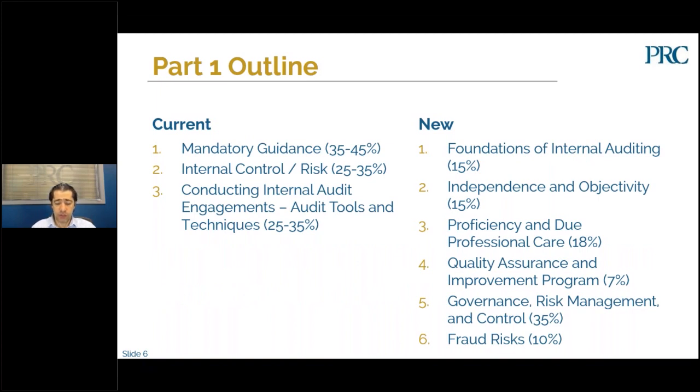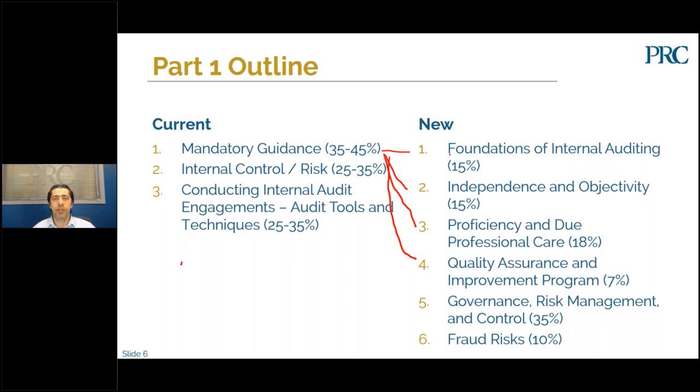The content of Part 1: this is the current content over here. It used to be mandatory guidance, internal control and risk, and conducting internal audit engagements and tools. What happened is the following. This part has been divided into 4 new subsections, 4 new domains.